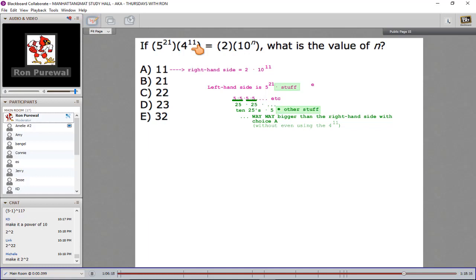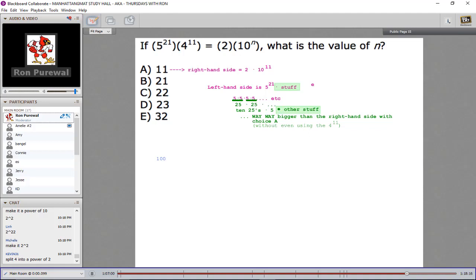You could try to make it into a power of 10, but the problem is that getting 10s out of these is not that easy. On the other hand, if you break it down into 5s and 2s, then it's definitely going to work, because the point of prime factors is that prime factors are always the same. If you break up numbers in ways that don't involve prime factors, then you could break them up in lots of different ways.